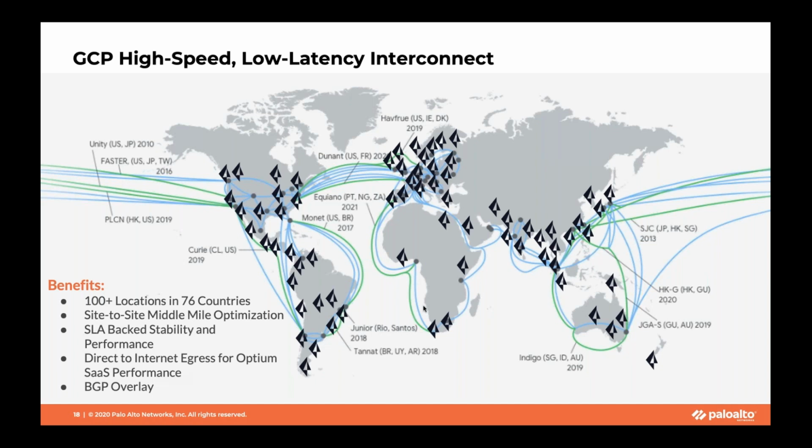Prisma Access runs both on AWS and Google Cloud. That has the advantage of having more than 100 locations in more than 76 countries. If you connect, for example, with GlobalProtect to Prisma Access, by default you will always connect to the closest location to you.